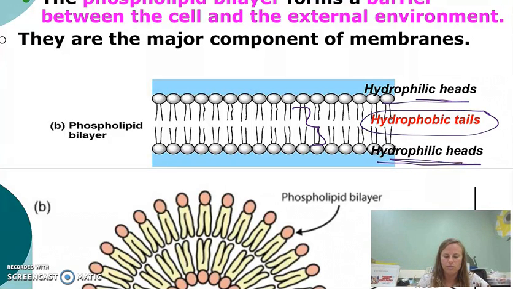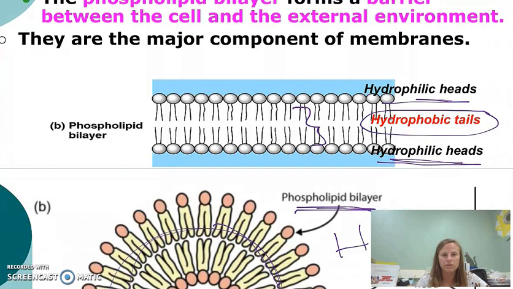So here we've got water out here, and we've got water on the inside. This phospholipid bilayer, this part, protects that cell from the solution that's outside versus inside the cell.